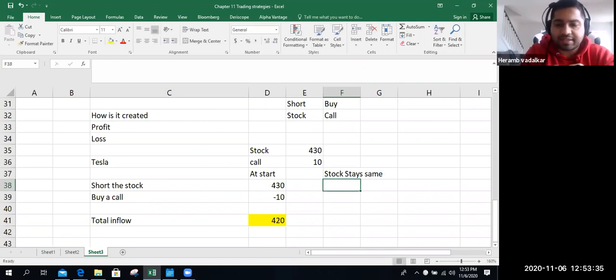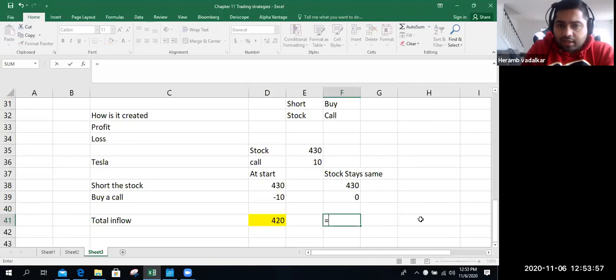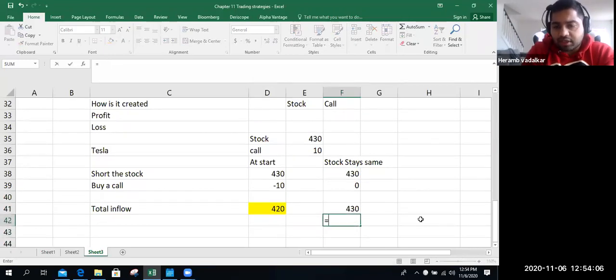Let's say the stock stays the same. So 430. If the stock stays the same, the call option doesn't pay. A call option pays when the stock price goes up. You're buying a call, so it will pay you when the stock price goes up. If it is not going up, it doesn't pay anything. So you have to buy the stock to return it back.